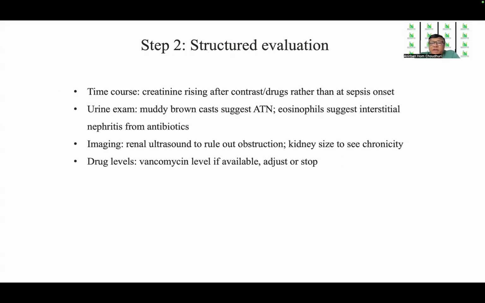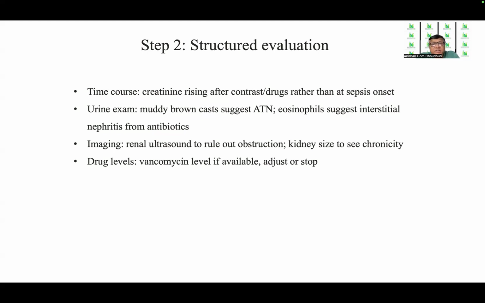A structured evaluation is necessary, because of the time course of creatinine rising after the contrast or the drugs were administered, relative to the sepsis onset. Urine exam is very important because muddy brown casts suggest acute tubular necrosis.